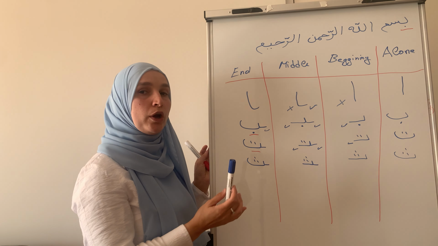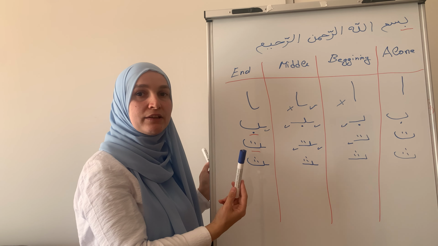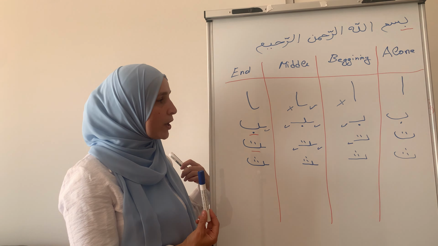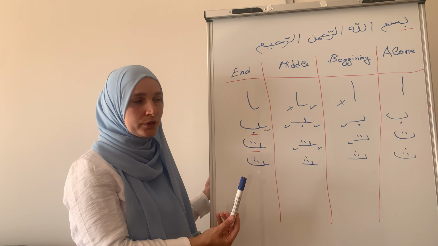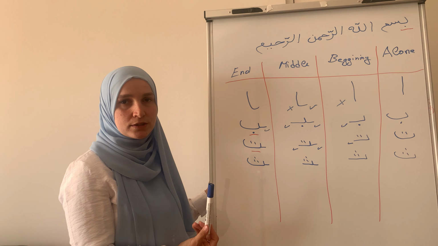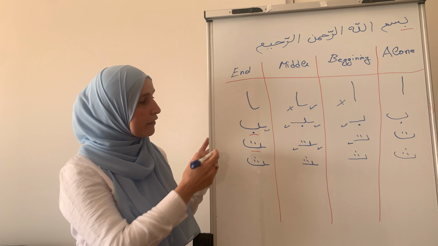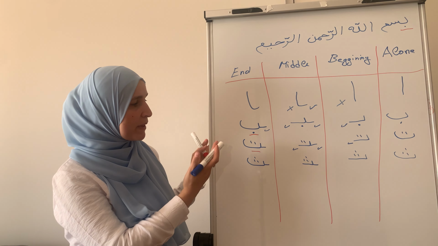At the middle, it's going to be connected on two sides, not like alif. Alif is going to be connected on one side, but not on two sides. And ba, ta, fa at the end of a word, it's going to be connected on one side, but we cannot connect it with other letters, as they are the last letters of a word. Ba, ta, fa.